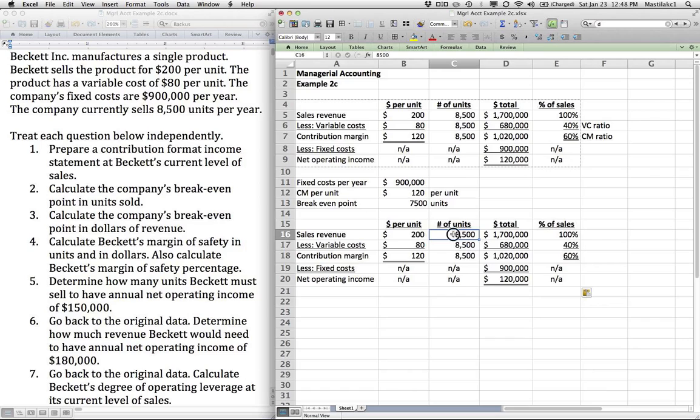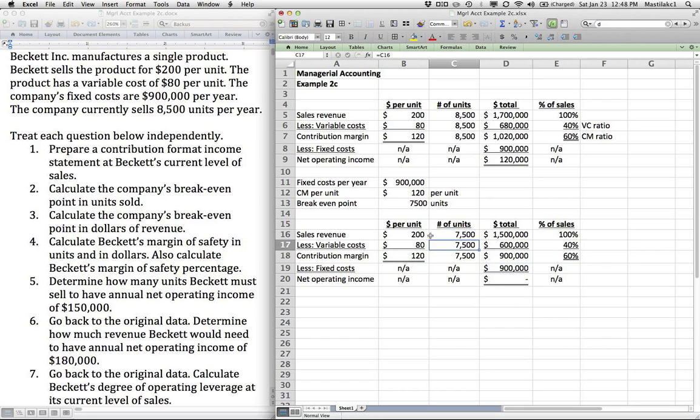So we can set our number of units equal to our fixed cost per period divided by the contribution margin per unit, which is the same thing we did up here, except instead of doing it in a separate analysis, we're now doing it in the context of our income statement.